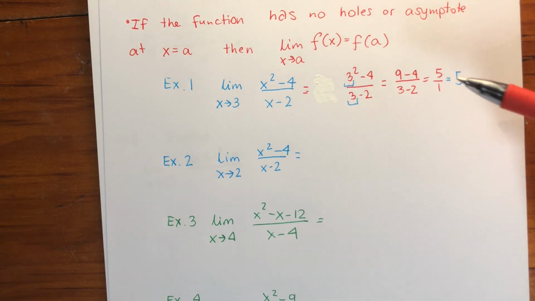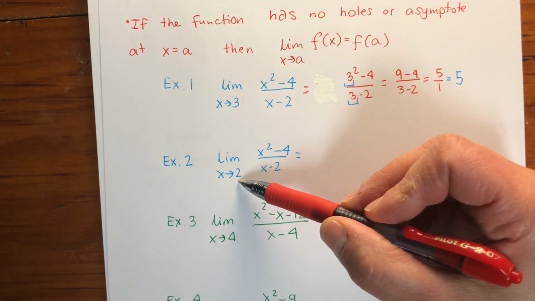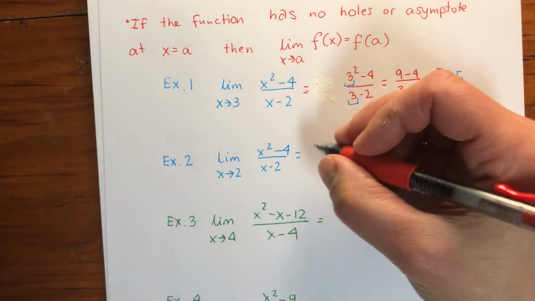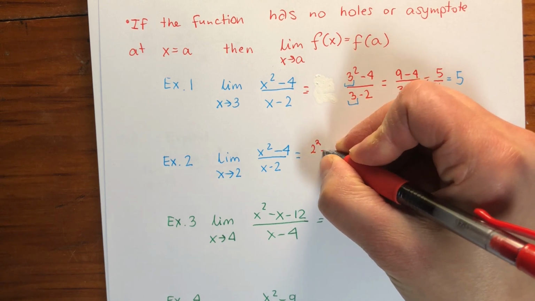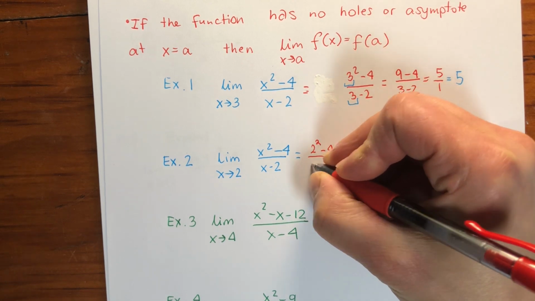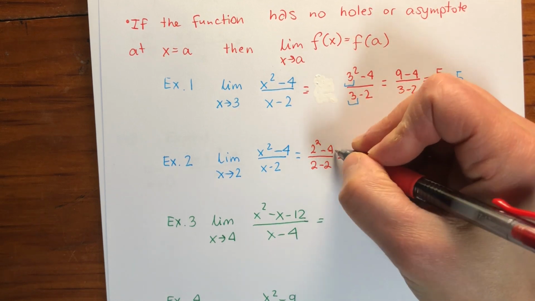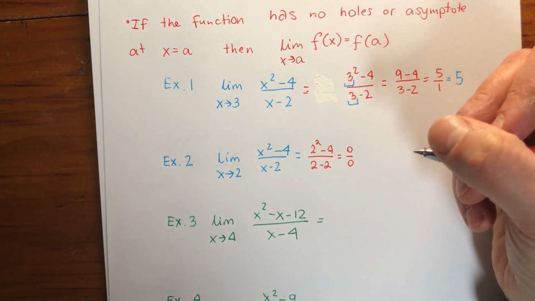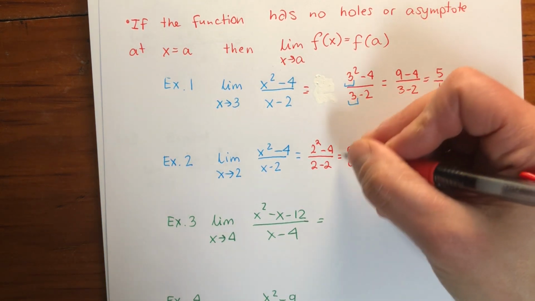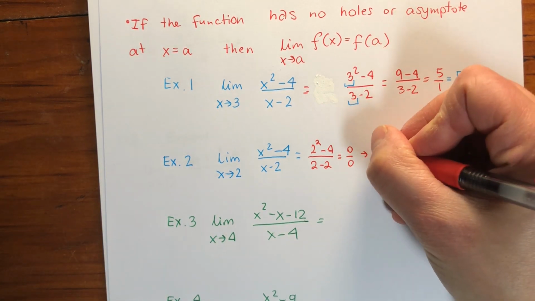If I do the same thing that we did in the previous example, so if I plug in 2 everywhere in place of x, I am going to get 2 squared minus 4 over 2 minus 2. That's 4 minus 4, 0 over 0. Well, something like this is not going to work for us. We need a different technique.